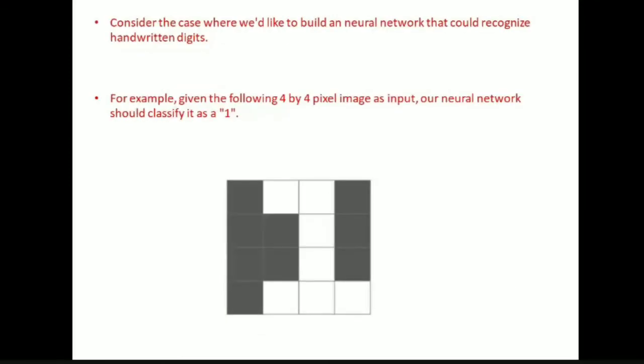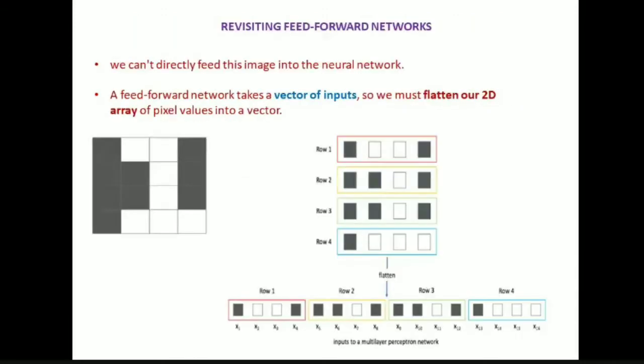If we use a feed forward neural network to represent this image, or if we give the feed forward neural network this particular image, what is the feed forward neural network going to take? It means we cannot directly feed this image into the feed forward neural network.